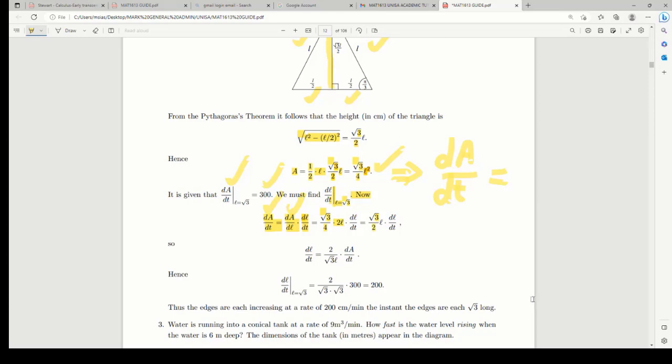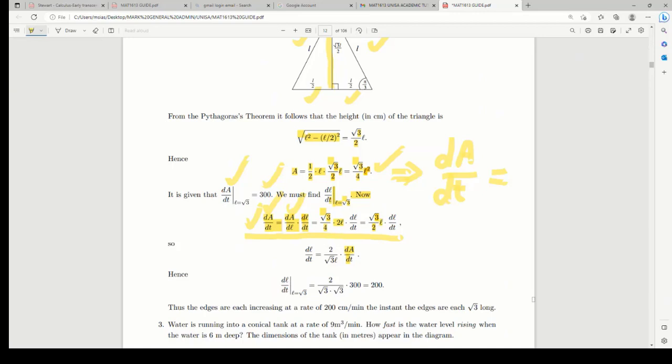You do not know what is the dL/dt at the instant the length is square root of 3. However, you know the dA/dt, it's 300, right? So now you can make the dL/dt the subject of this equation. You've got the dA/dt, which is 300, and then you invert this here.